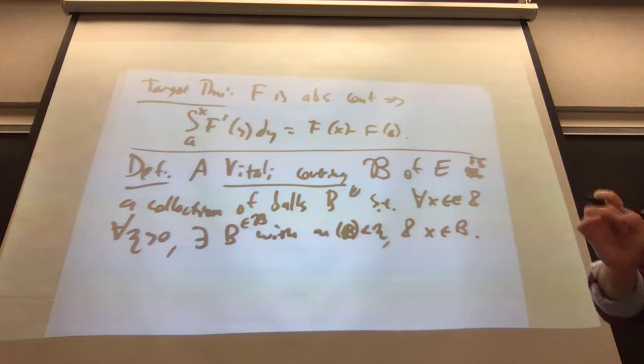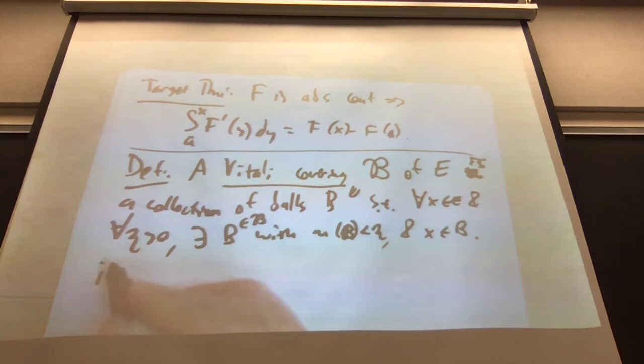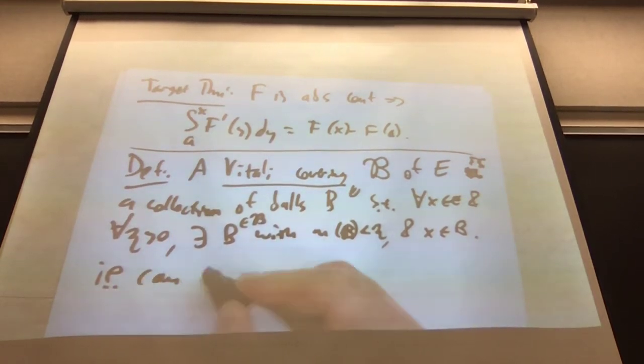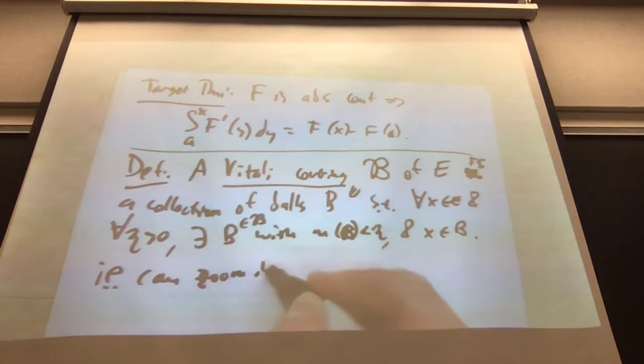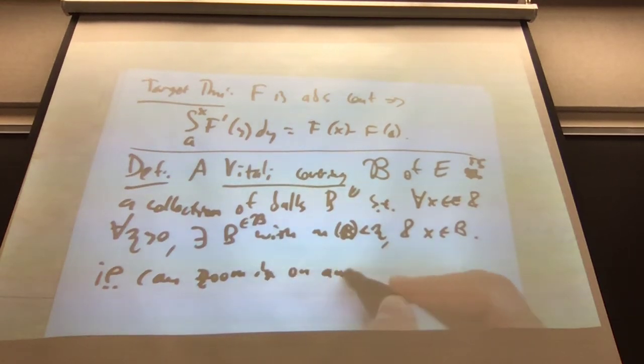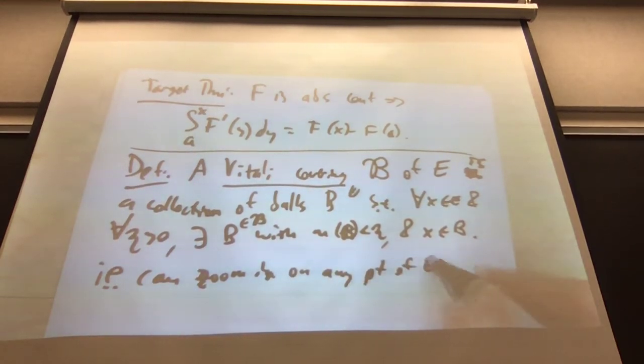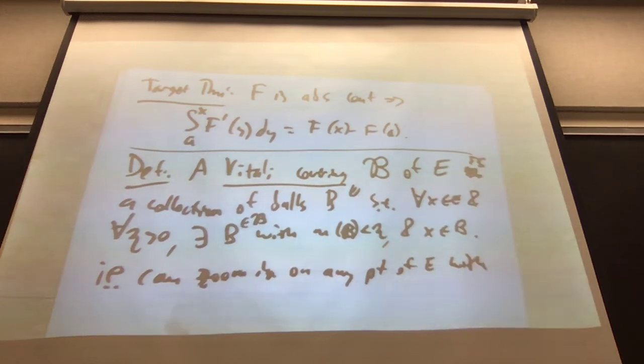So I want to be able to have arbitrarily small balls that zoom in on any point in the set. That's what it means to be a Vitali cover, i.e., can zoom in on any point of E with balls from B.